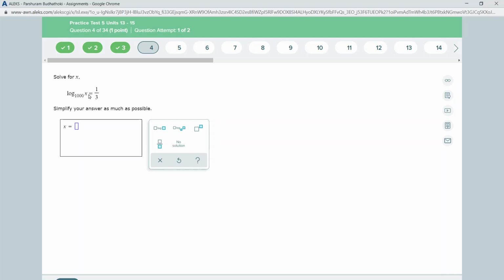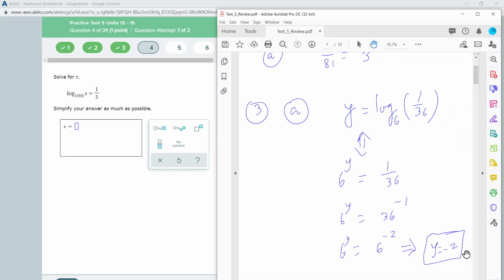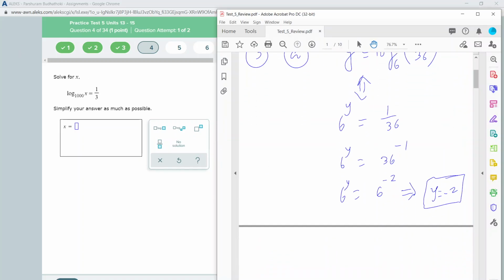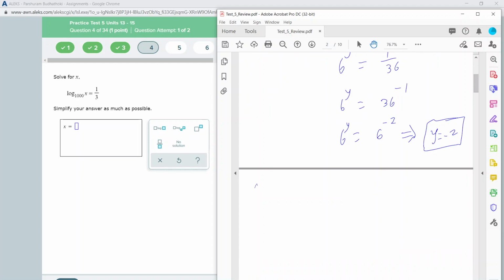Find the value of x. x is log base 1000 to the power 1/3. Simplify your answer as much as possible. If you change this log form into exponential form, you can write it down by using a similar trick. x is equal to 1000 to the power 1/3, but we can write this 1000 as 10 to the power 3, and there is a power 1/3.